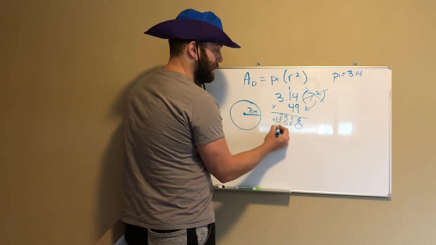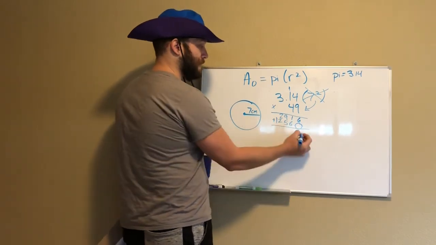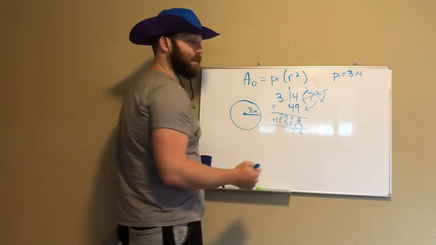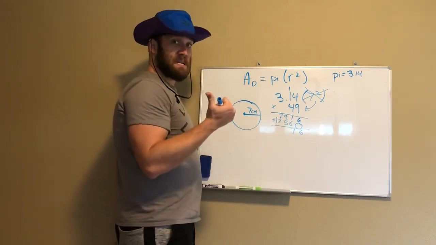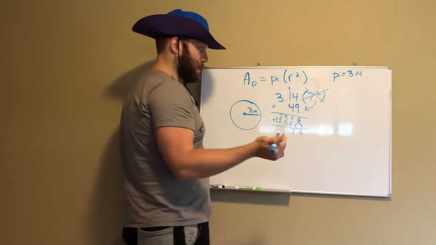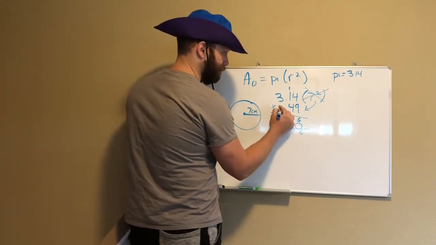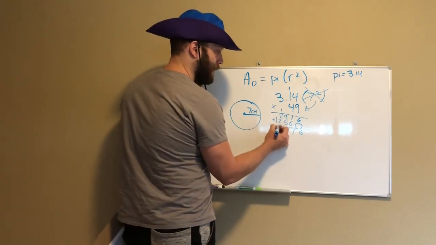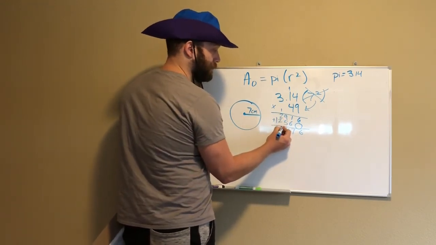Now I'm just going to add it up. 6, 7, 9 plus 5. 9, 10, 11, 12, 13, 14. 2 plus 2 is 4, plus 1 is 5. And 1 plus nothing is 1.